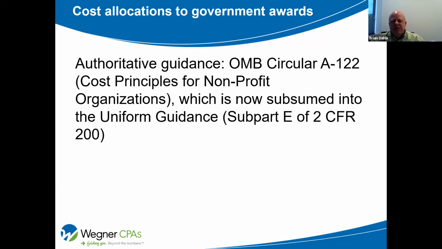That has, as of a few years ago, been subsumed into this other publication called the Uniform Guidance. Now, both terms are still used in the accounting world. You'll see references both to Circular A122 and to the Uniform Guidance. And many people, including accountants, use those terms fairly interchangeably.